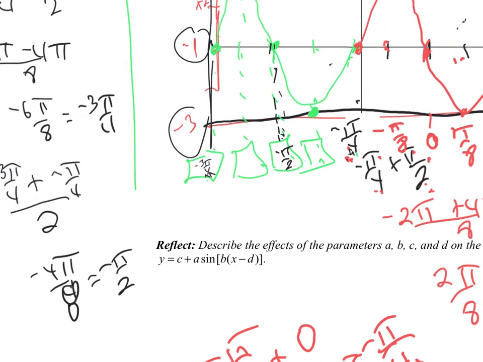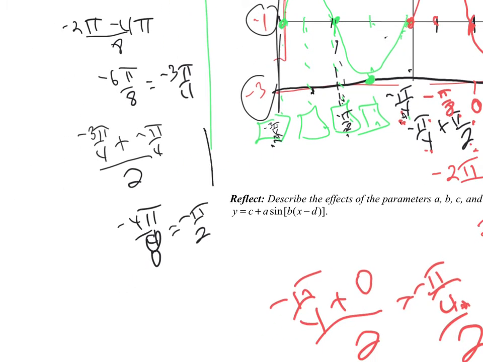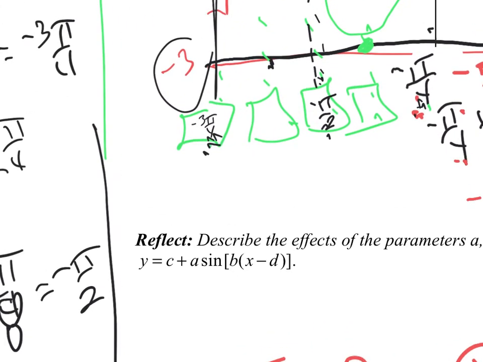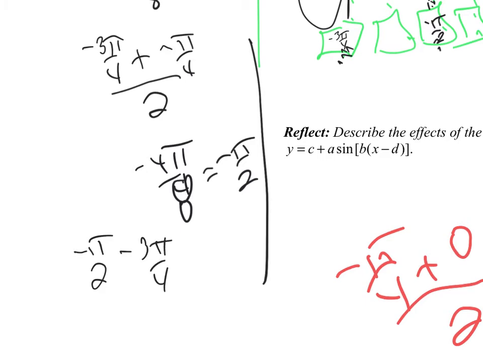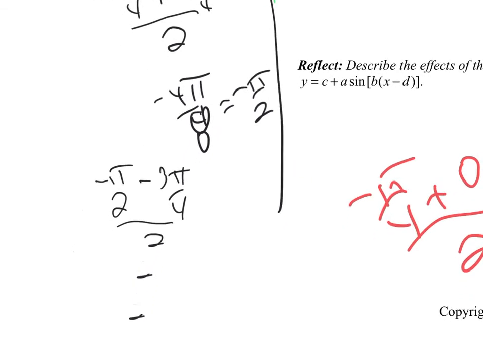Now to get this middle one, this one right here, I need these two added together and divided by 2. So I'm going to keep doing my scratch work over there. I need to take my negative 3 pi over 4 and add it to a negative pi over 2. Take that answer and divide by 2.